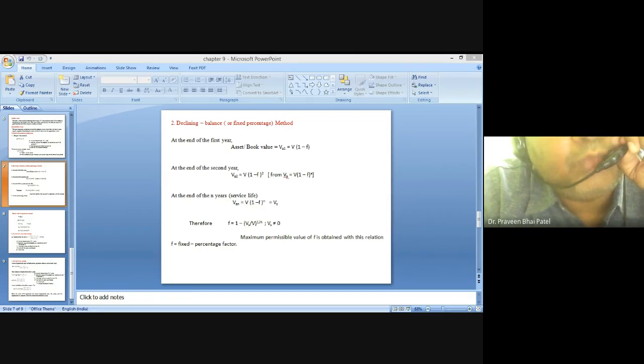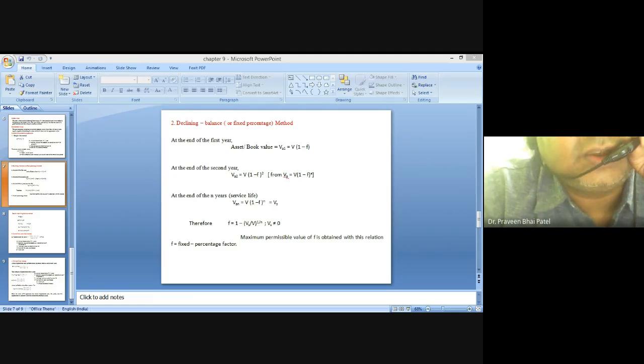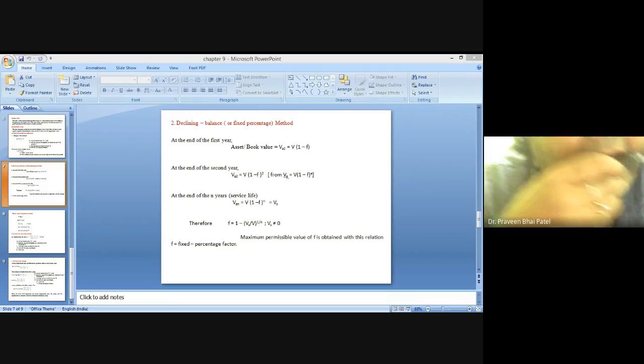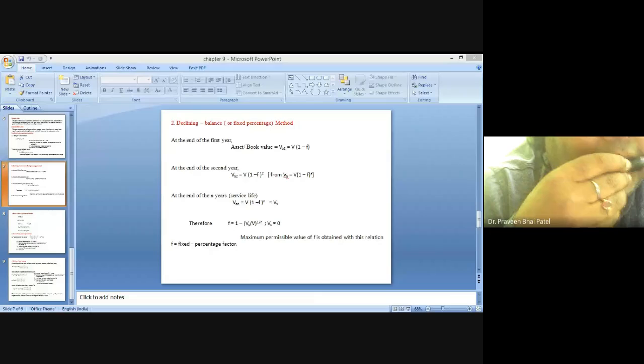One of the most obvious pitfalls of using this method is that the useful life calculation is based on guesswork. Okay, we don't know, we only assume that the life period will be 10 years, 12 years or 15 years, and we do the calculation on the basis of that. There is always a risk that technology advancement could render the asset obsolete earlier than expected.